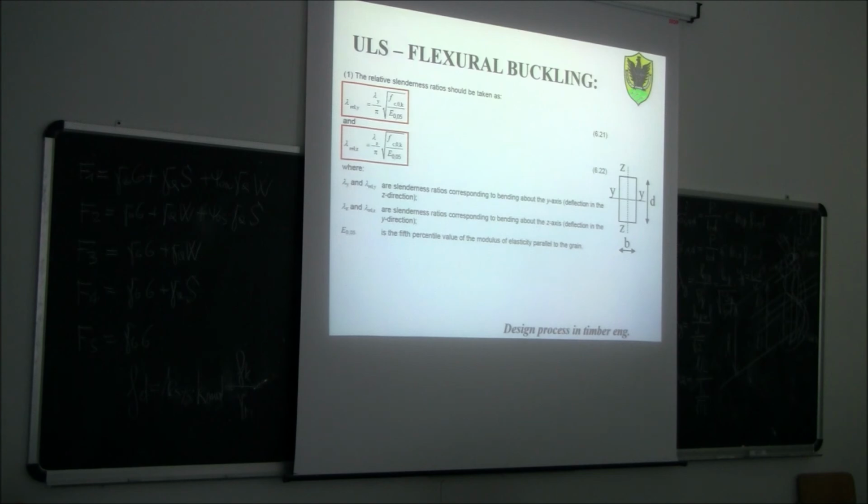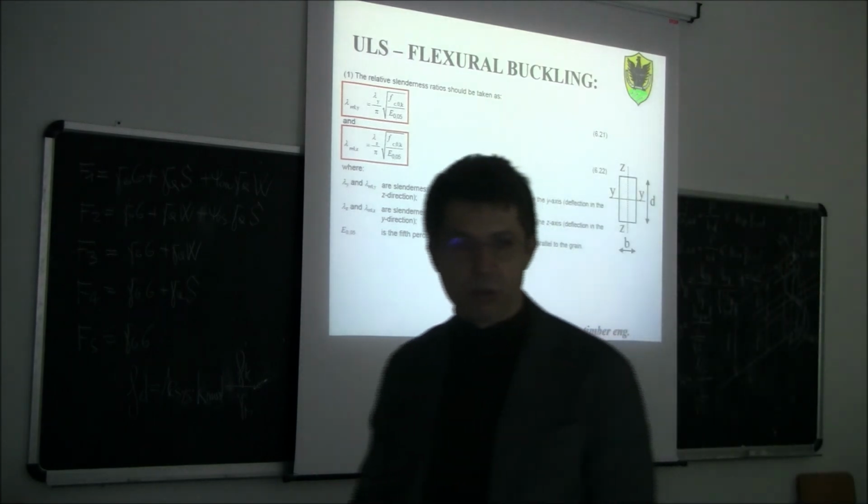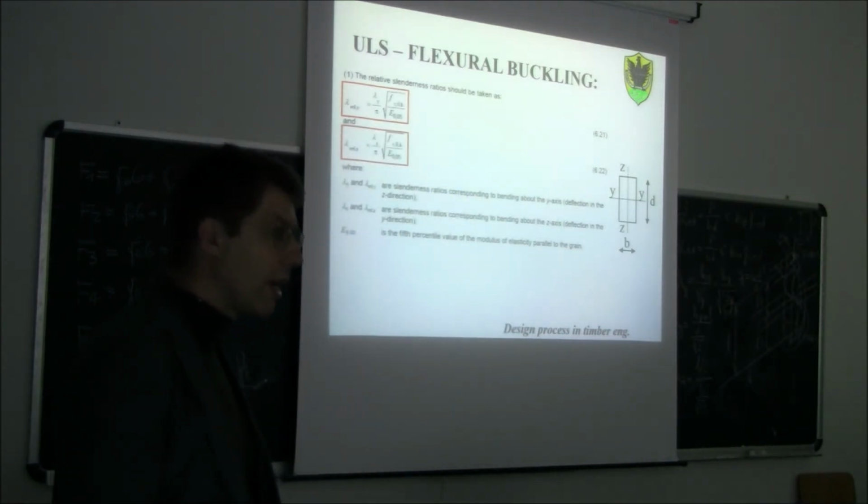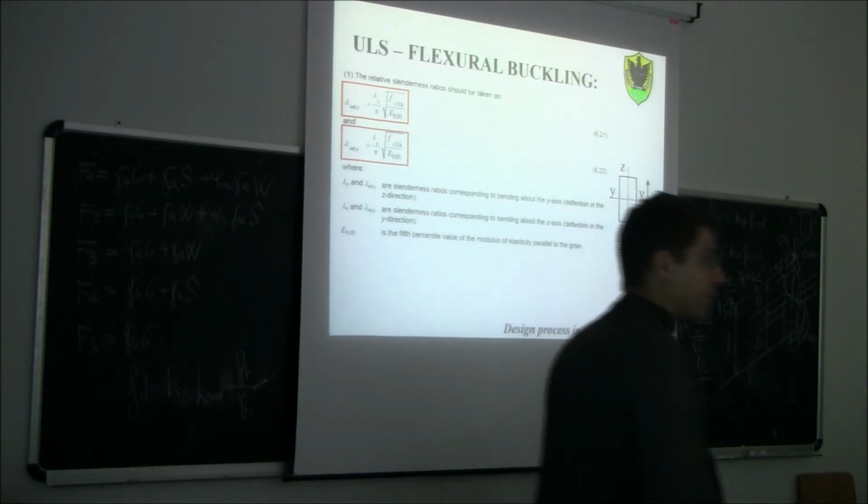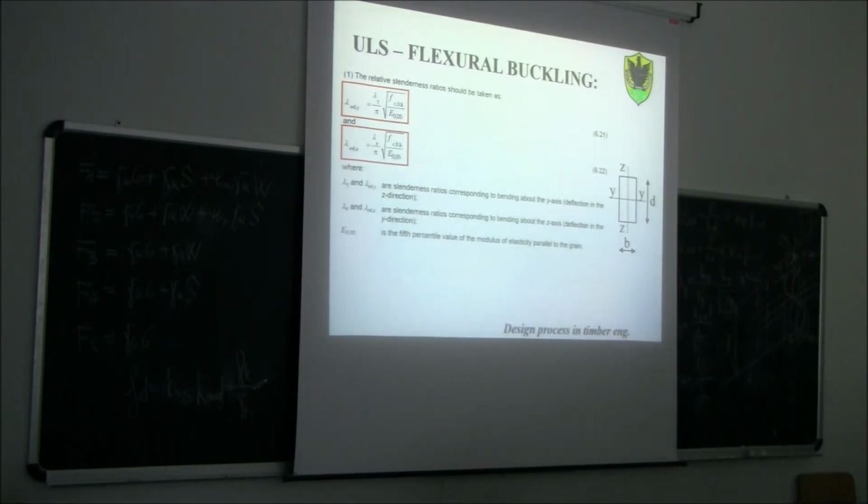Now, in your opinion, where will the buckling verification be critical? Around Y or around Z? Can we say a priori which one is the most critical check? Z or Y?